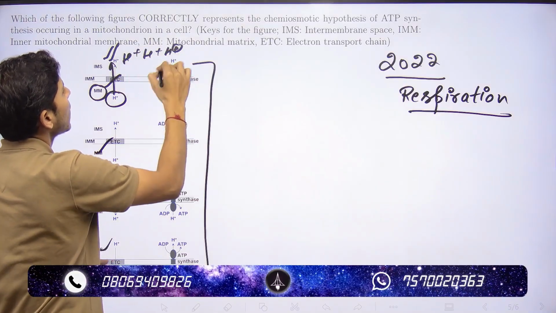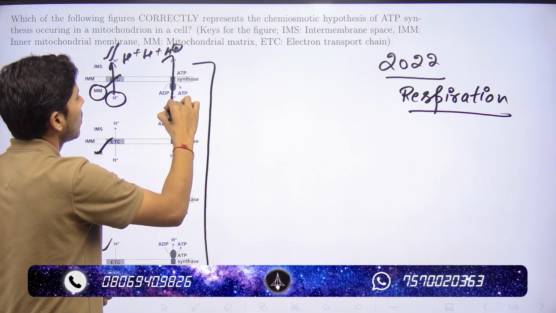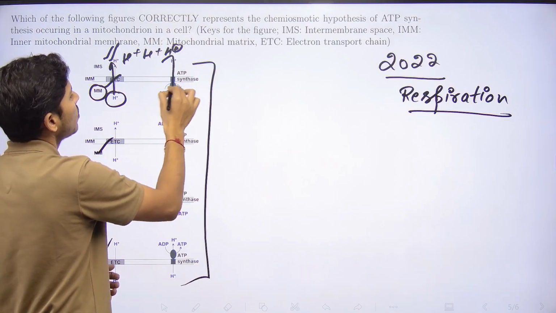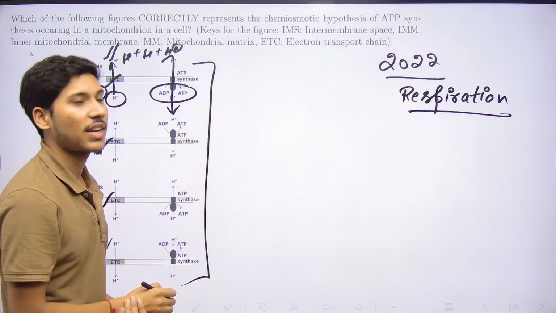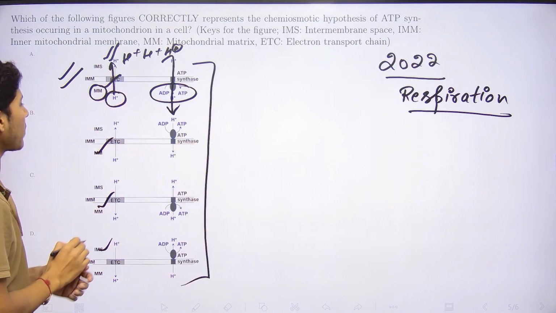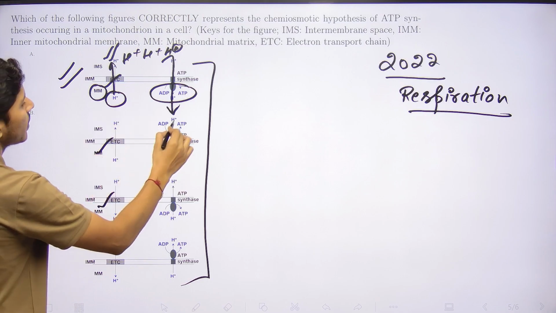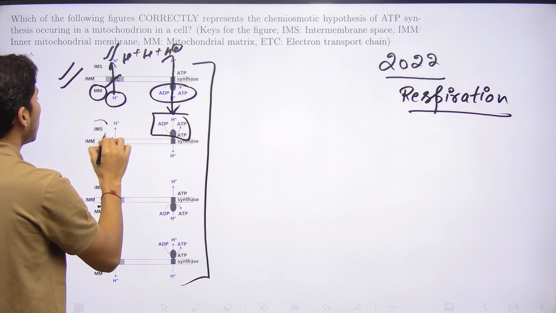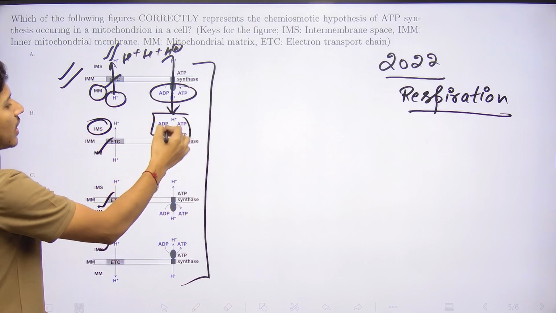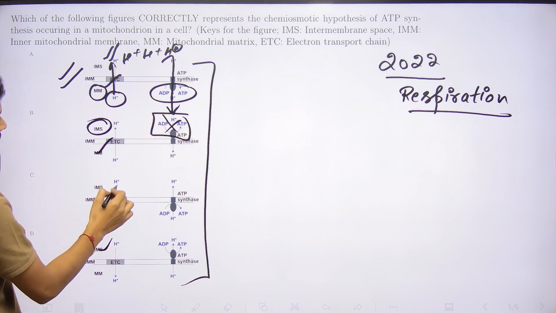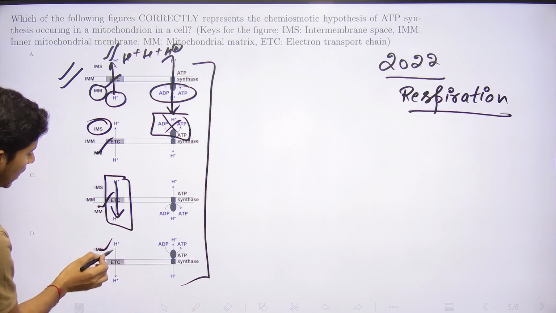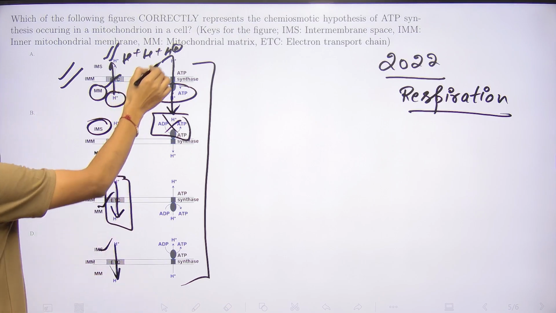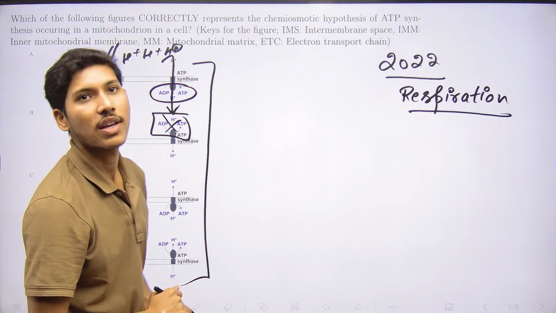Now this proton gradient is broken down to produce ATP, and only one option is correct here, that is A. Okay, because in this diagram ATP synthesis is occurring on the intermembrane side, which is not correct. In this diagram this flow is on the opposite side. In this diagram again this flow is on the opposite side. So the only correct option remains option A.